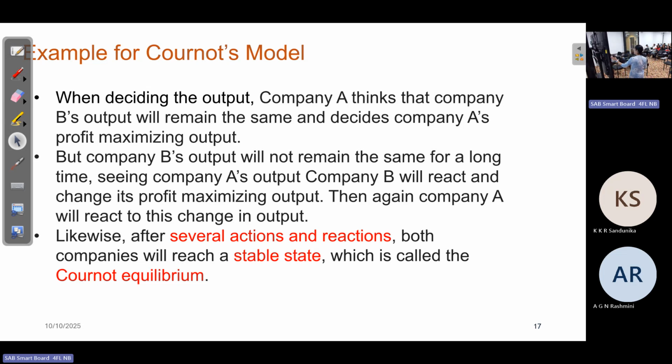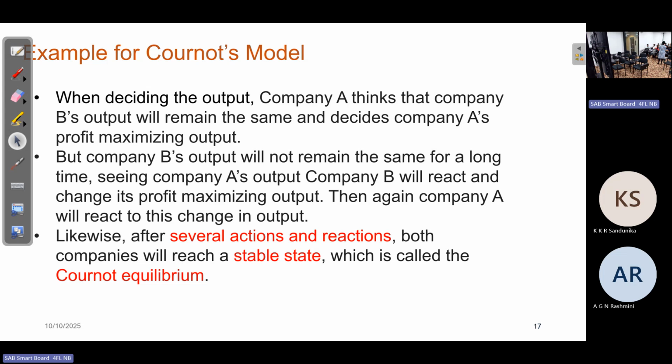Likewise, after several actions and reactions, both companies will reach a stable state, which is called the Cournot equilibrium. At the end, they will come to a point where they reach the equilibrium. When they reach that equilibrium, we say that is the Cournot equilibrium.